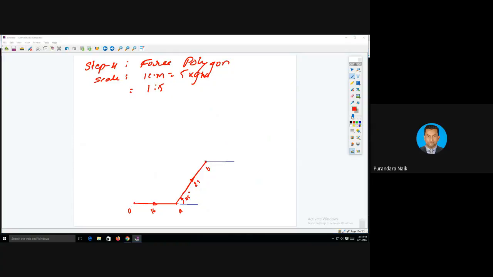Just draw a line at an angle of 115 degrees. The length corresponds to 24.